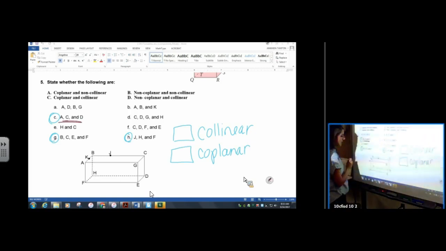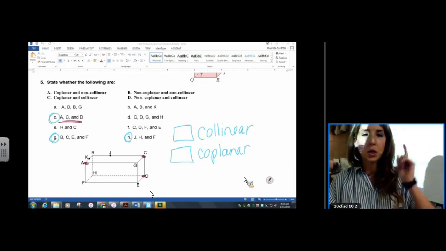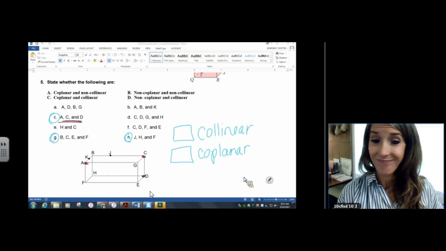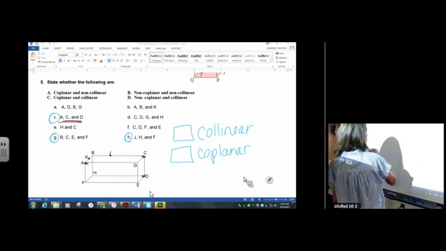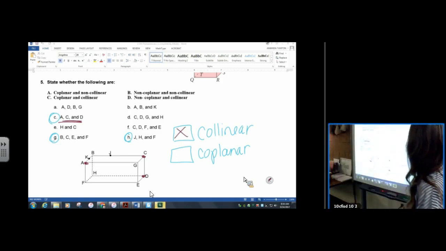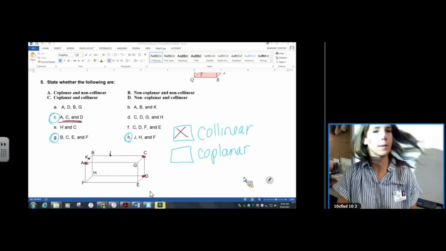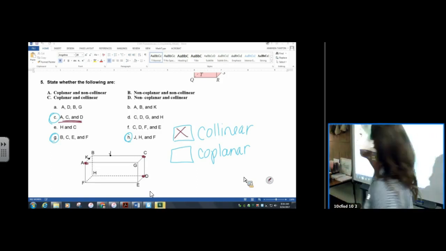Points A, C, and D. Collinear means could I put a line through those? Nope, I sure couldn't. So they are not collinear. And then coplanar means could I put a plane through them? Well, yeah.